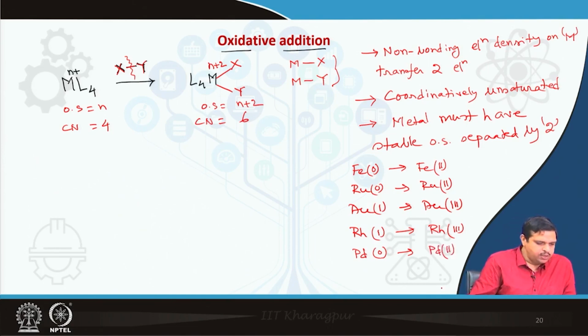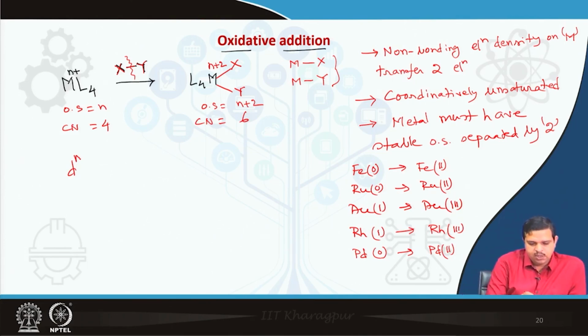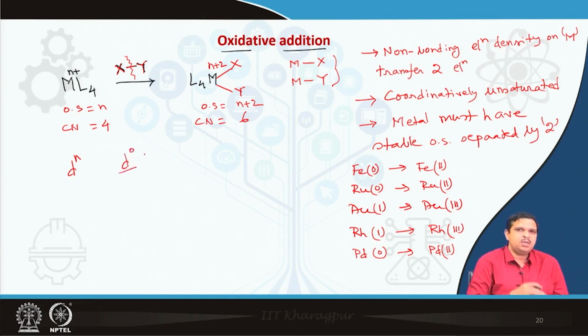Okay. And as I told, there should be non-bonding electron density on the d orbitals. So, obviously, if there is no electron, that is d 0, then oxidative addition is not possible.